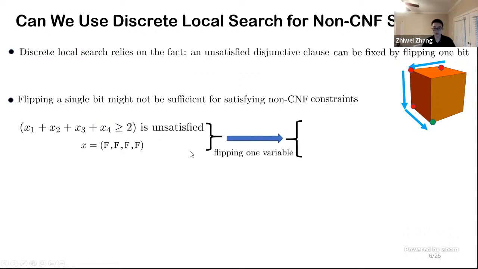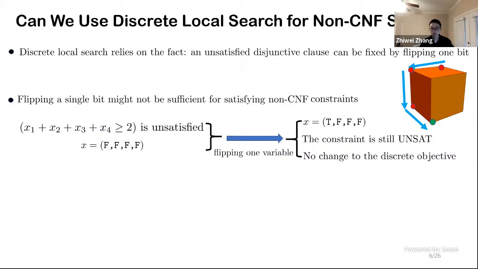And we will try to flip one variable, let's say the first one, to make it true. Now there are 2 things to notice. The first one is that the constraint is still unsatisfied. The second thing, and an even worse thing, is that if we use the way we define the discrete objective function in CNF solving, we will see no change to the discrete objective, although we think that we are making some progress because we are closer to satisfying this cardinality constraint.